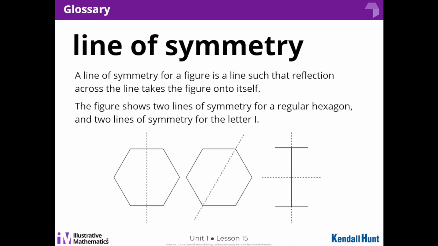But we could also fold it left to right and the sides would match. So a line of symmetry just means you're finding the line that when you fold along it, the two sides would match and you could lay one side right on top of the other.